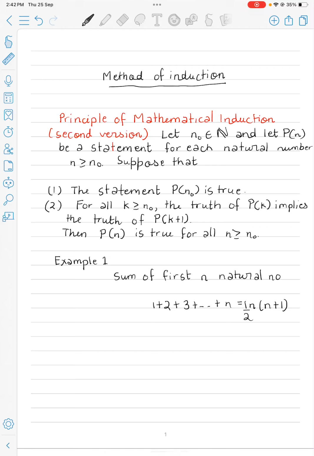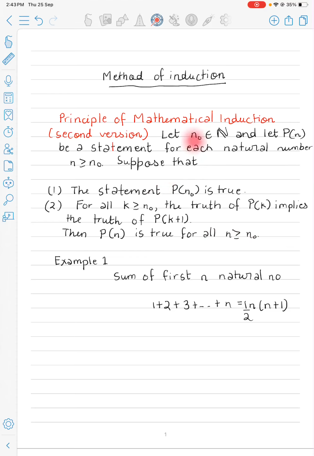So usually what is taught in your class, I assume, is: if the statement P is true for n equal to 1, and if for all k greater than or equal to 1, the truth of Pk implies the truth of Pk plus 1, that is, if Pk is true then Pk plus 1 is true, then Pn is true for all n greater than or equal to 1.